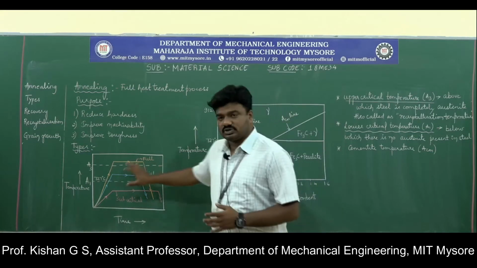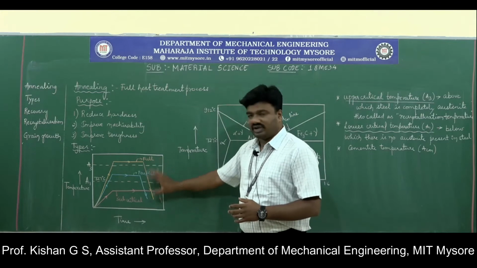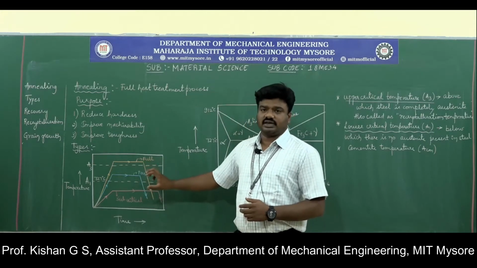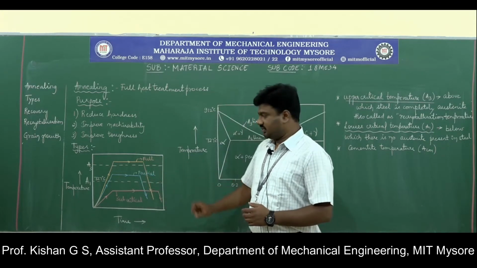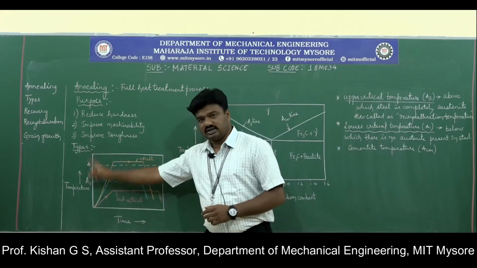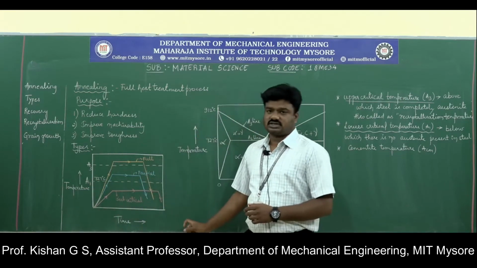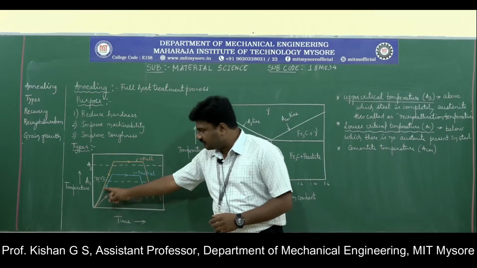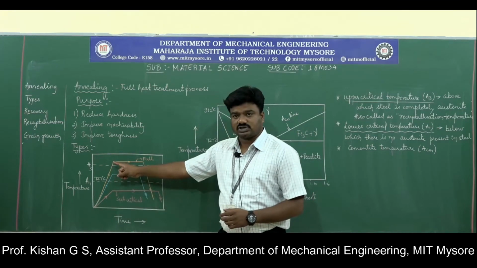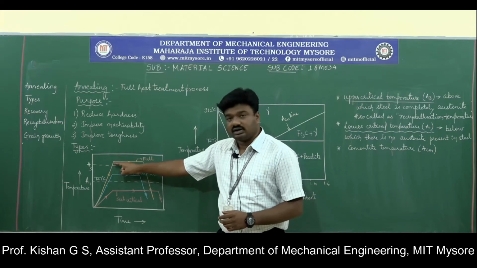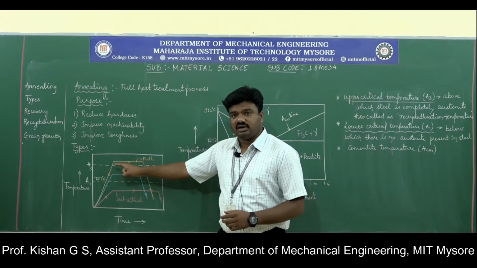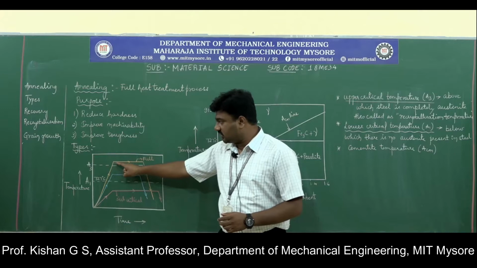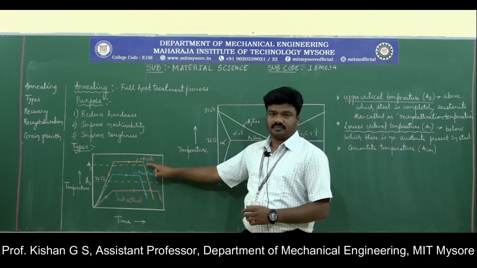You can observe here we have simply taken three representations or three types of annealing process. Along the y-axis it is temperature, along the x-axis it is time. With respect to time, there is an increase in the temperature for a particular type of process, and once that temperature is reached, the same material is kept at that temperature over a period of time.